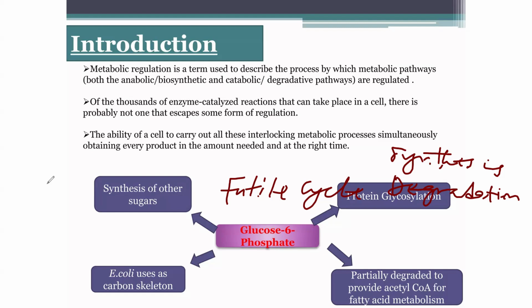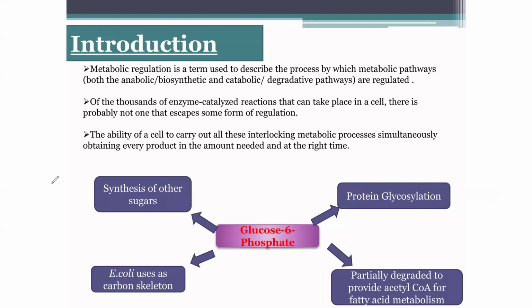Like, for example, let's take glucose 6-phosphate. Glucose 6-phosphate is one of the biomolecules that is usually synthesized in the body. Whenever we have glucose plus ATP, for example in glycolysis, the first enzyme is hexokinase.